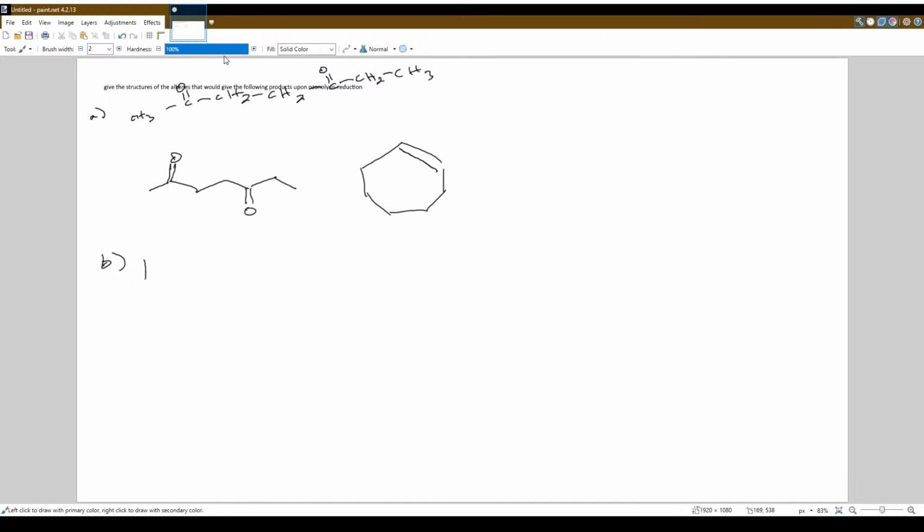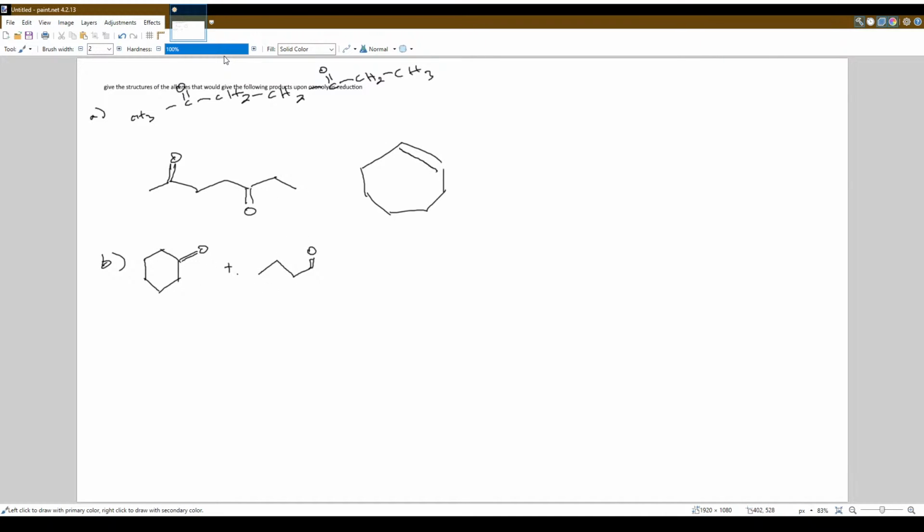Okay, and this one is cyclohexanone plus this thing. 1, 2, 3, 4. 1, 2, 3, 4. Okay. 1, 2, 3. No. Can't draw. Okay. Jeez Louise.